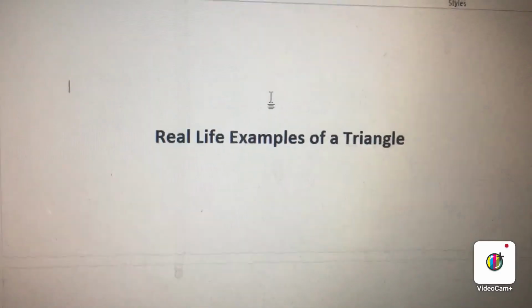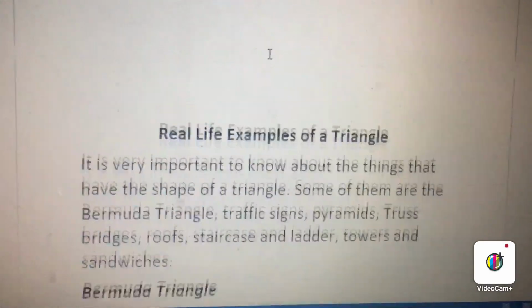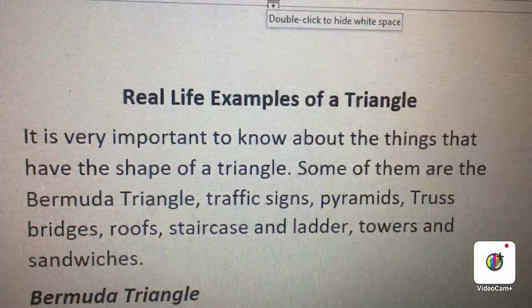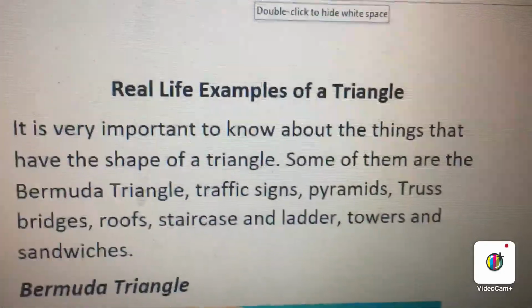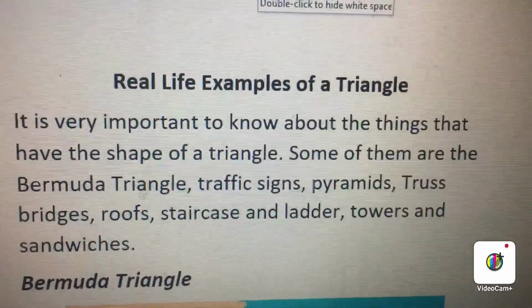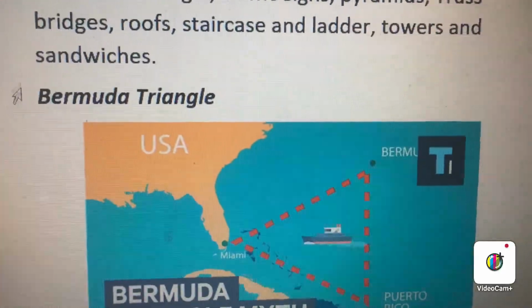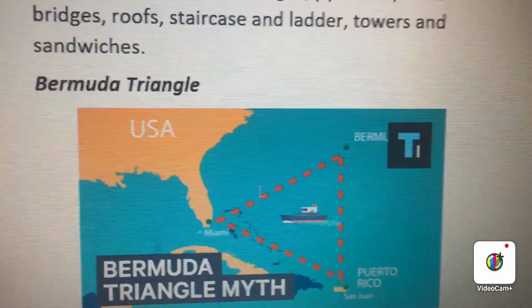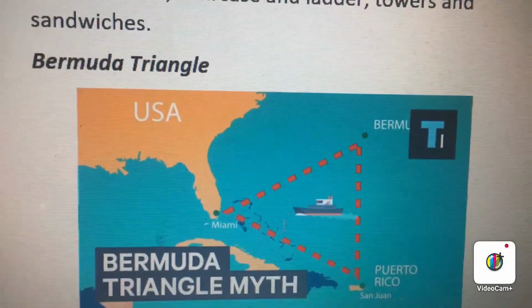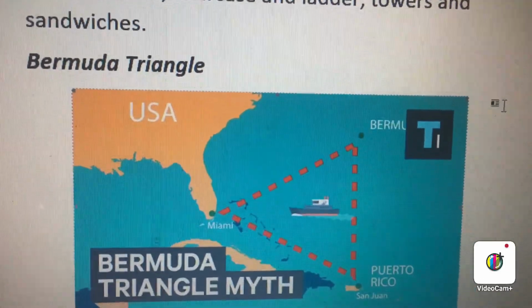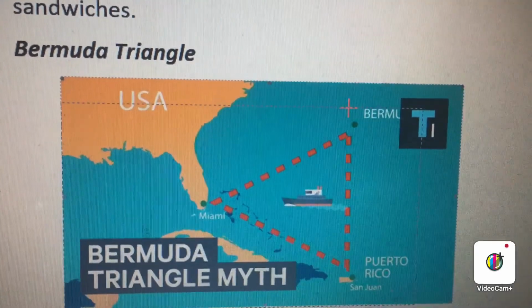Now, let us take a look at some things in real life that have the shape of a triangle. The first thing we examine is the Bermuda Triangle. You can see it right here in the picture. Let me make it a little bit smaller so you can see it clearly.